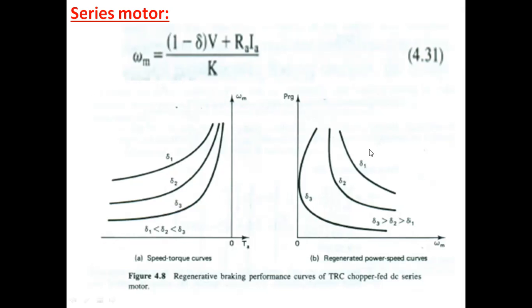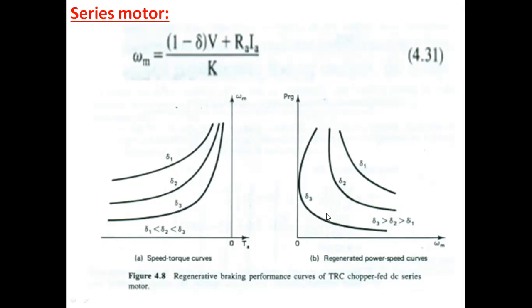So the nature of these speed torque and regenerated power characteristics I have shown you here. Two curves. For a given value of delta 1, delta 2, delta 3, the torque will be increasing with decrease in speed. As the speed decreases from high point to low point, the torque will be increasing.